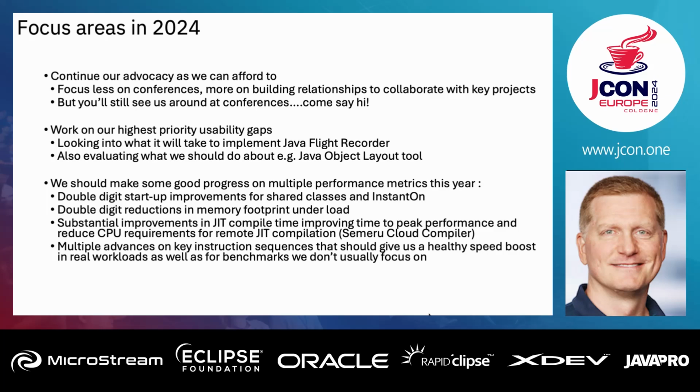Sorry, I know I'm way over, but I'll just spend one slide talking about things that we're going to do in the rest of this year. We're going to continue our advocacy, as I mentioned, and we're trying to focus on improving awareness of issues like this. You will still see us around at conferences, so please say hi. Please talk to us. We are going to be working on our highest priority usability gaps and looking into what it takes to implement JFR and other things, and what to do about the Java Object Layout tool and so on.